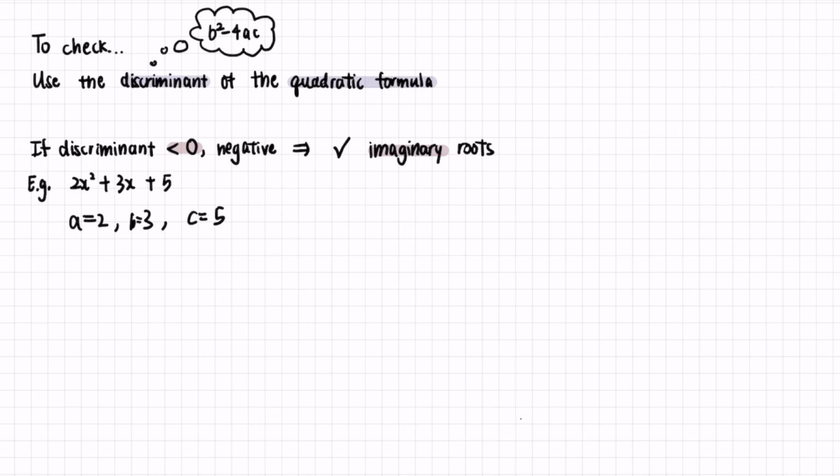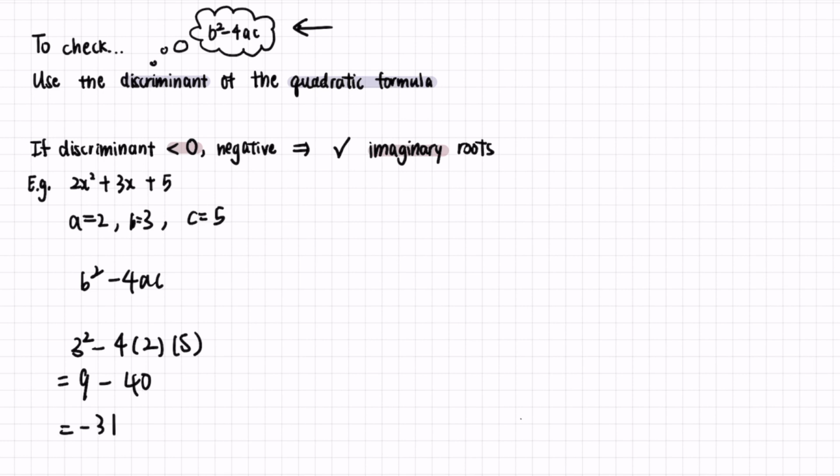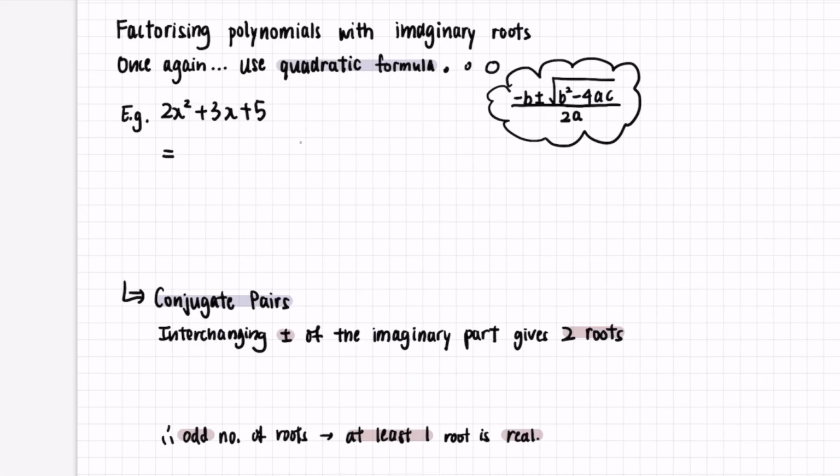So if you plug it into the discriminant, which is b squared minus 4ac, it is 3 squared minus 4 times 2 times 5, which is equal to 9 minus 40, which results in negative 31. And this is a negative number, so it has imaginary roots because it is negative.